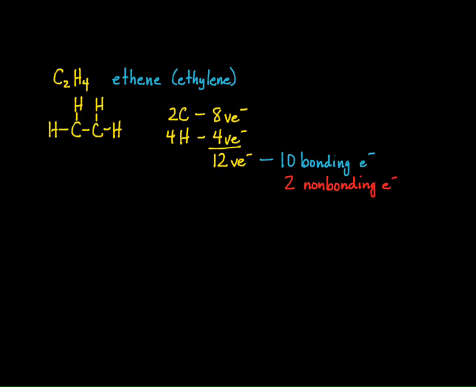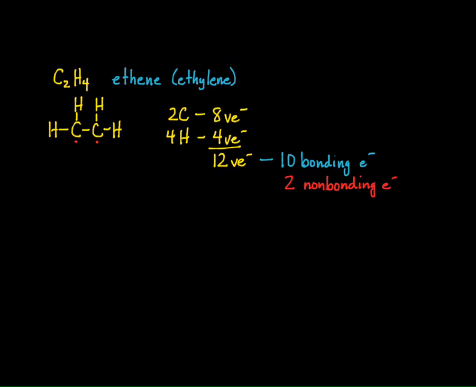Now, we could put both electrons on one carbon, and that would give it 8 electrons, but the other carbon would have only 6. It would also give a formal charge for both of them, which we'll talk about later on. And so the easiest way to do it is to simply give 1 electron to each carbon.